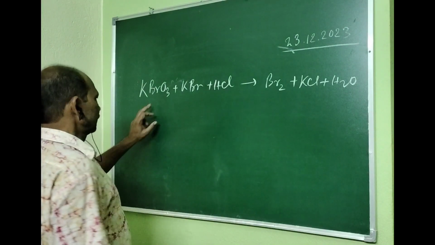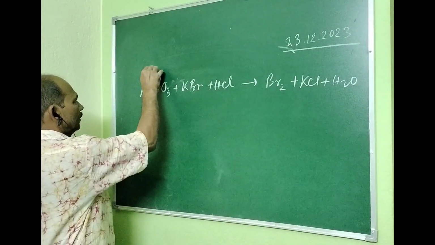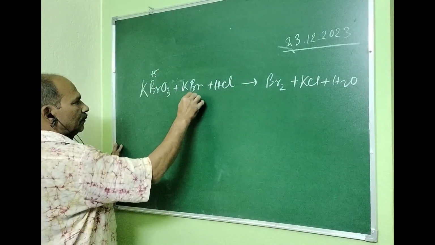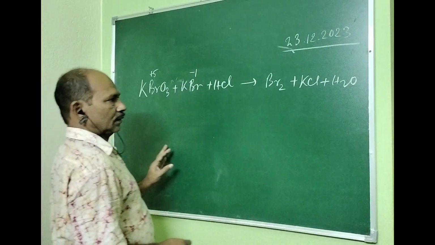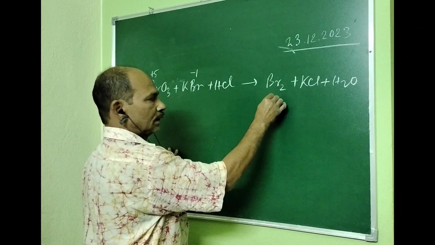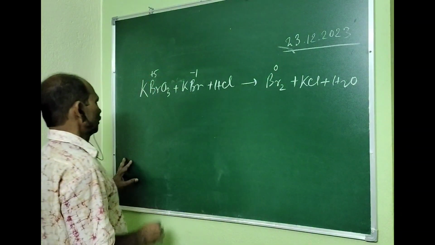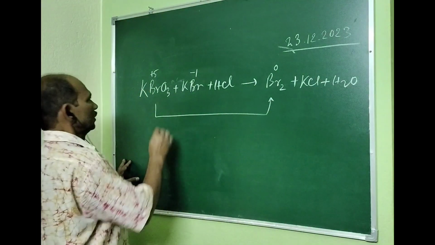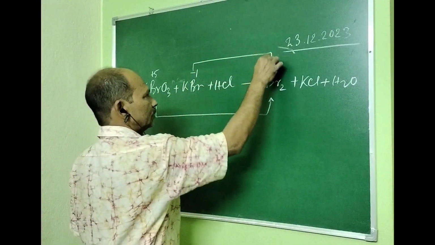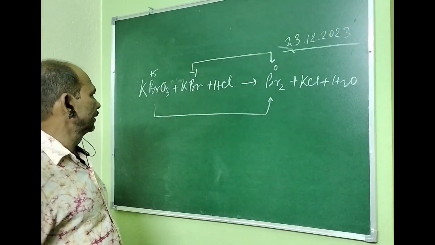You see, in this example, this bromine atom has oxidation number +5, but for this bromine atom it is -1. Here you see bromine is in molecular form, so it's 0. Bromine here is decreased and also increased to the same condition of bromine.